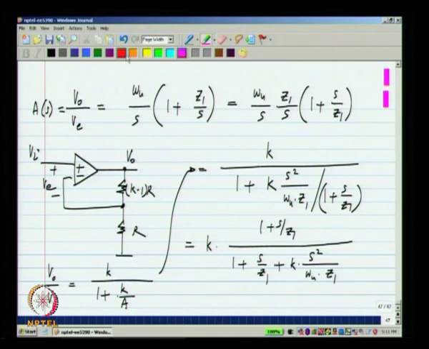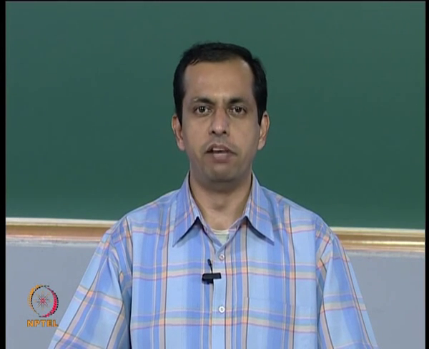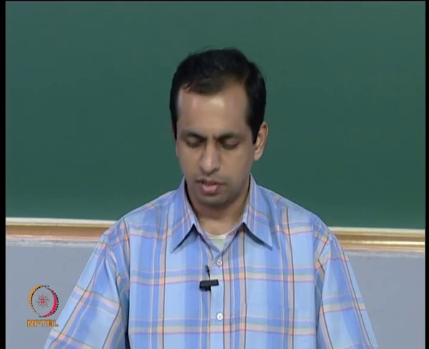Now, we also see that this omega u by k can be shortened to the unity loop gain frequency. This is what we have been doing earlier also, right. So, the unity loop gain frequency of the closed loop function will be the unity gain frequency divided by k if it is a first order dependence. Okay.